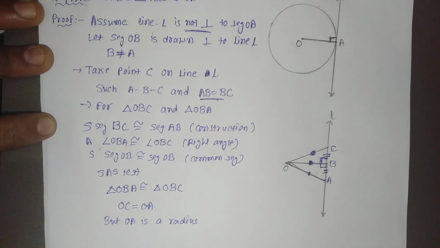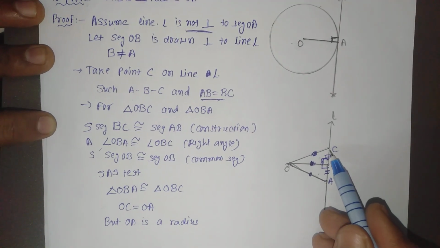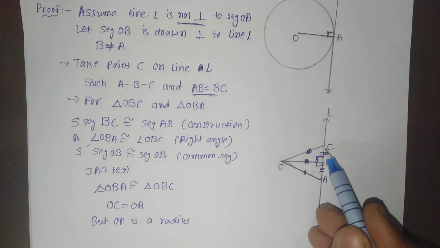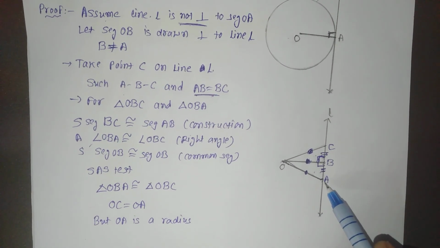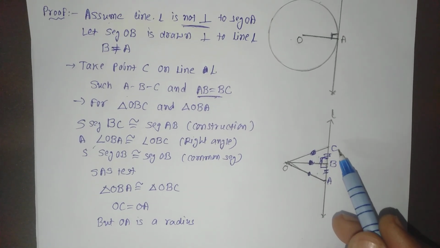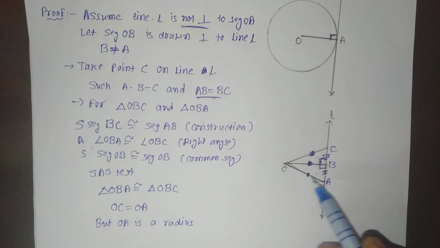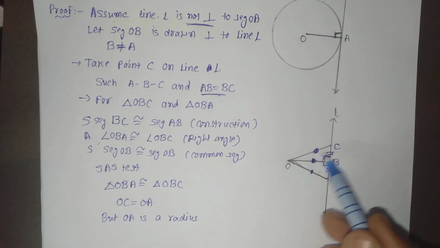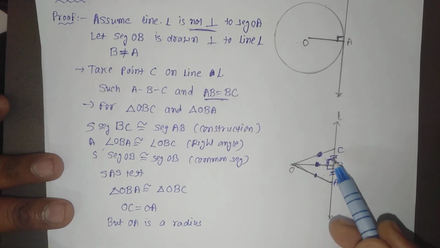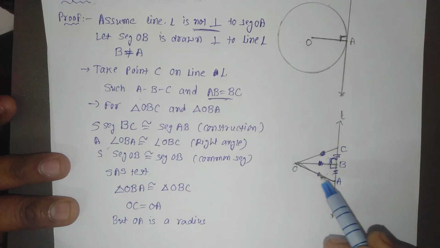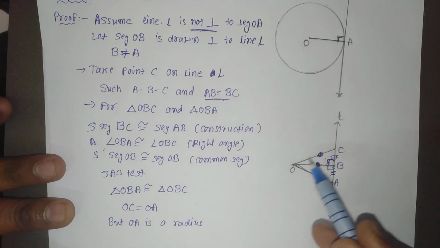We have taken line L, which has points A, B, C. So if OA is a radius, then OC will also become a radius. If two radii are equal, it means the circle is the same.